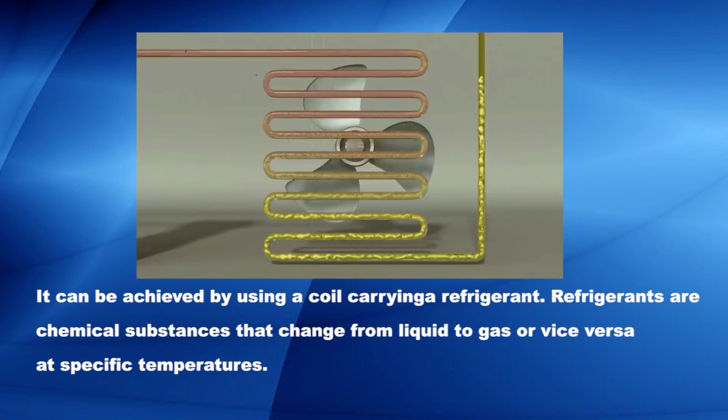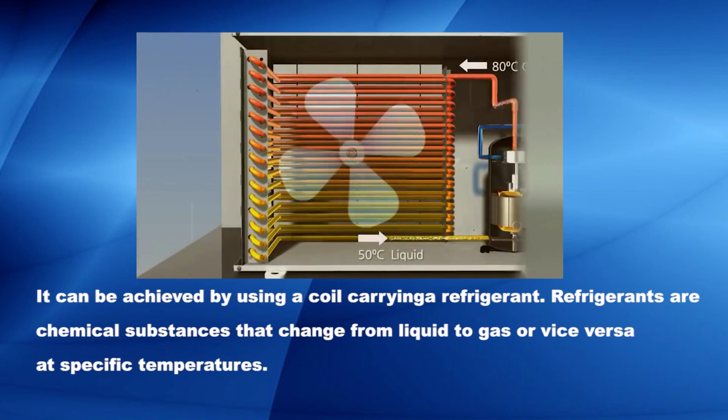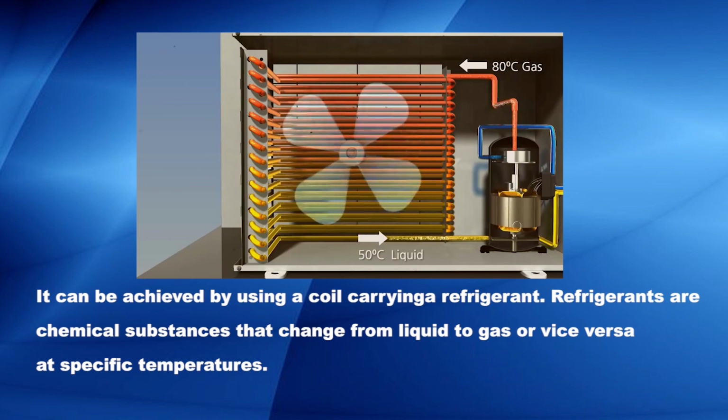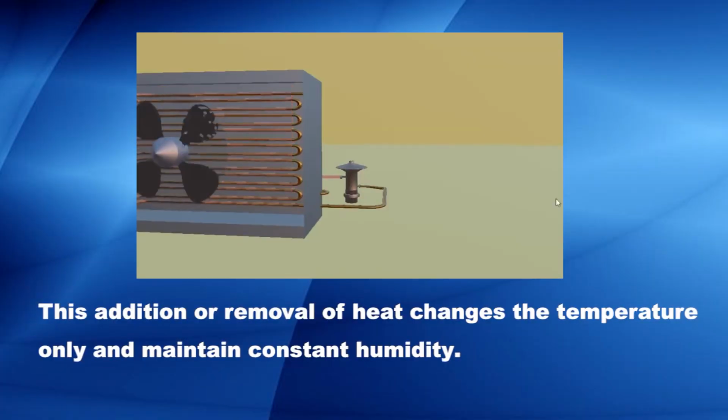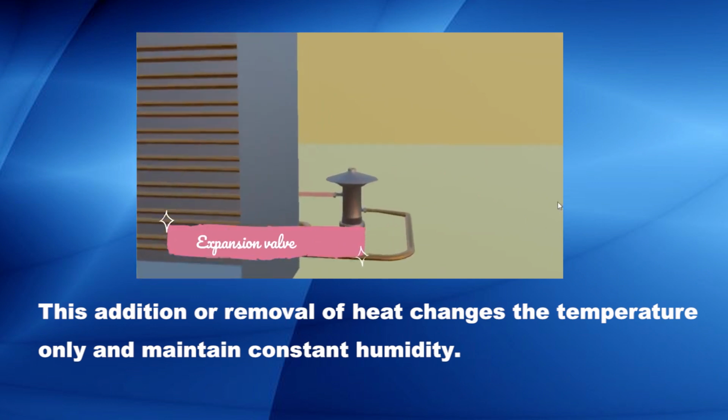Refrigerants are chemical substances that change from liquid to gas or vice versa at specific temperatures. They also absorb heat from their surroundings and release that heat when they change from liquid to gas or vice versa. This addition or removal of heat changes the temperature only and maintains a constant humidity.